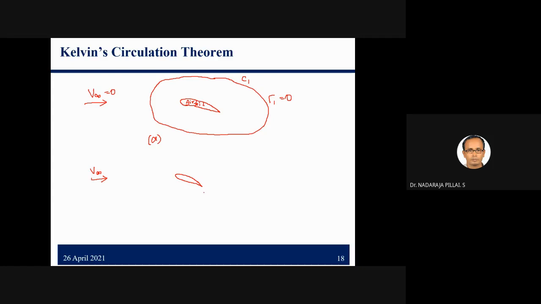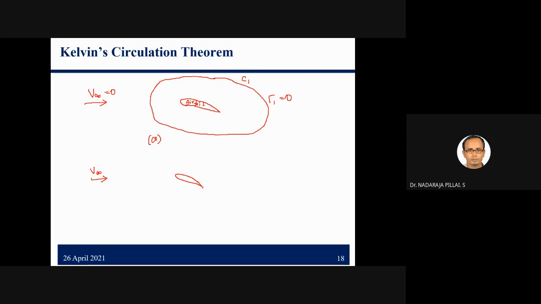So it will be having a starting vortex. Say for example, at the first moment, when the flow is started, a thin region of very large velocity gradient is formed at the trailing edge, right?